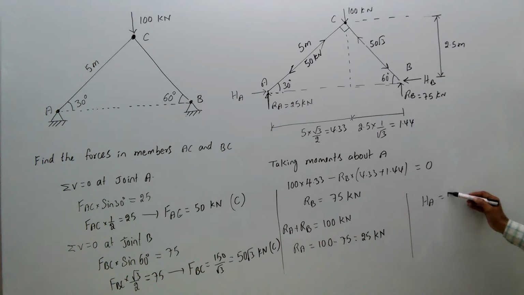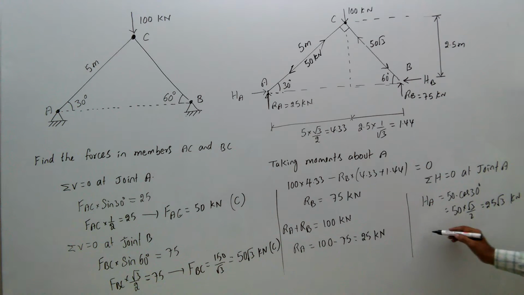Because sigma H equal to 0 at joint A, we get HA equal to 50 into root 3 by 2. That equal to 25 root 3 kilonewtons. That is HA.